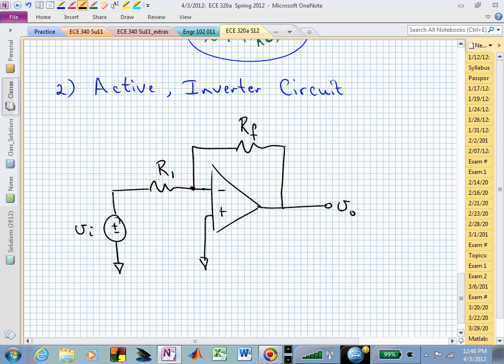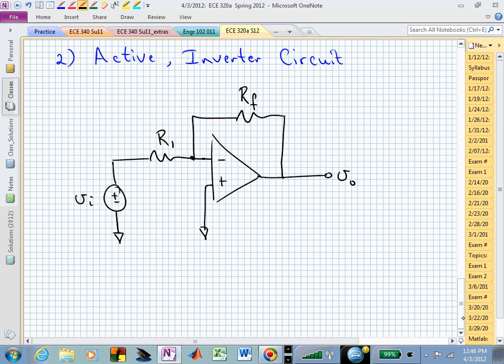In this particular case, is this op amp in what I would say is a nice configuration, or is it going to simply saturate or flip back and forth between the rails of your power supplies? And what question am I asking in that regard? Does it have negative feedback?